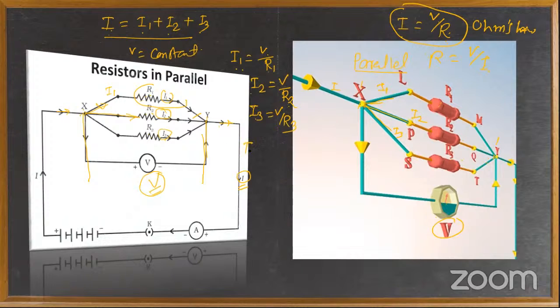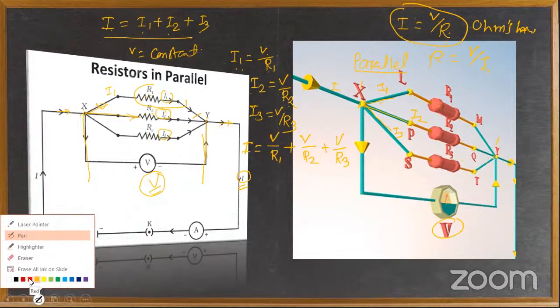I is equal to I1, and I1 is equal to V upon R1, plus I2 is equal to V upon R2, plus I3 is equal to V upon R3. Then I is equal to V upon R, that we know. That's how it becomes my equation.